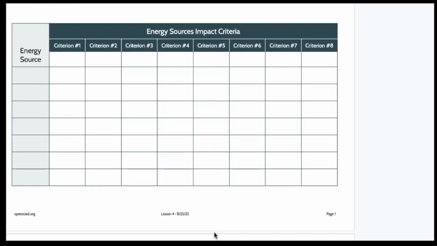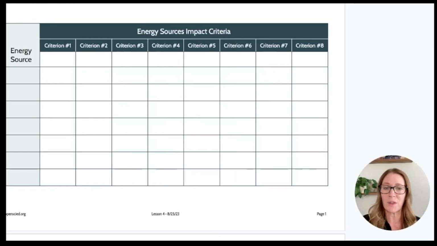This is what we use in engineering to make decisions on solutions that we want to use. The criteria are put up here at the top row, and this is where we list different energy sources, so you'll put nuclear and coal and wind down here. The first criterion we establish together is reliability.